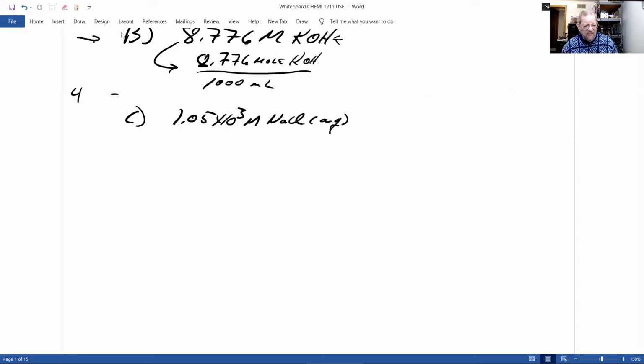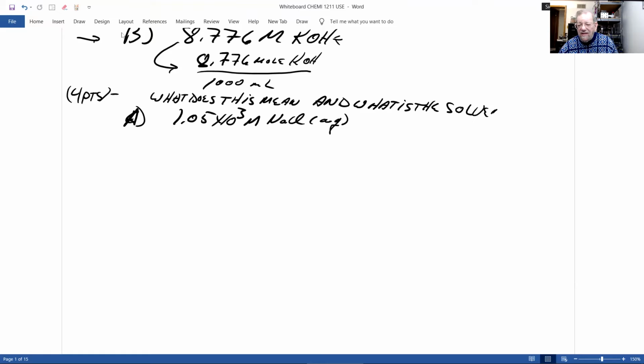And now the question will be, I should make this A. What does this mean and what is the solvent? Well, here's a capital M, that's molarity.